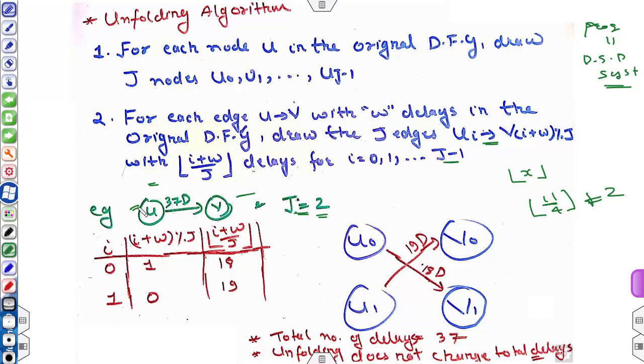Now for this data flow graph, given that j is equal to 2, the value of i will be 0 and 1. Then we have to calculate (i plus w) mod j for i equal to 0 and 1, and floor of (i plus w) divided by j, where w is the number of delays in the original DFG. For this edge w is 37.